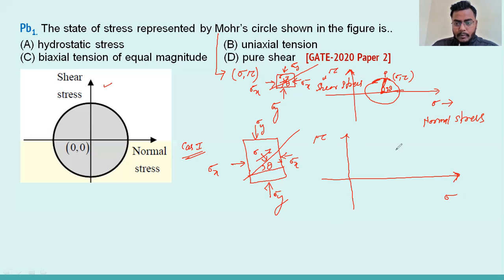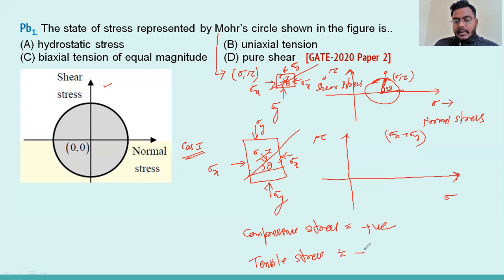Suppose in this case sigma x is greater than sigma y. We are taking the sign convention: compressive stress will be positive and tensile stress will be negative. Taking this sign convention, we are going to draw this.